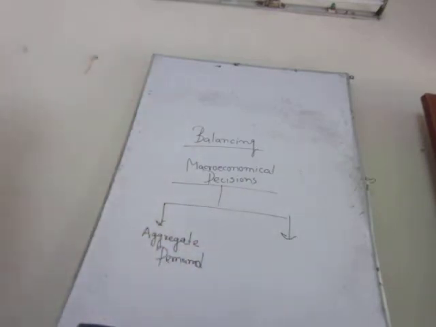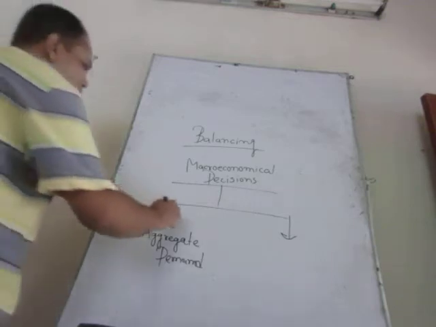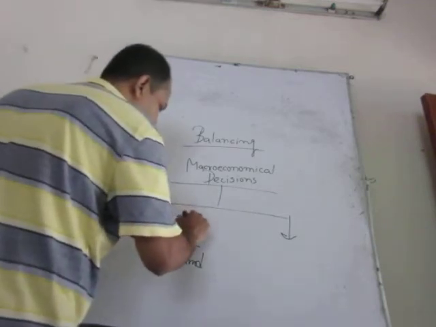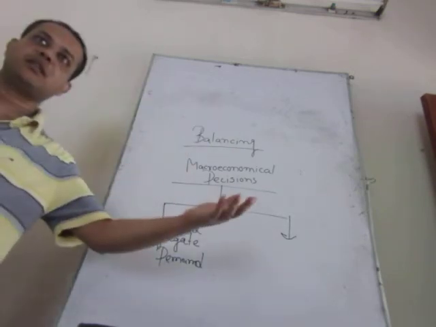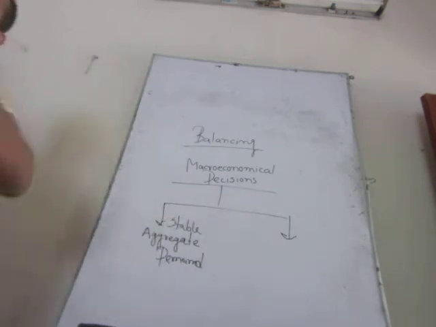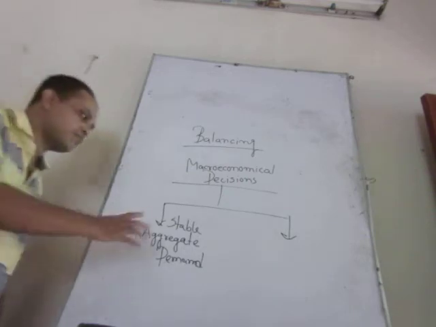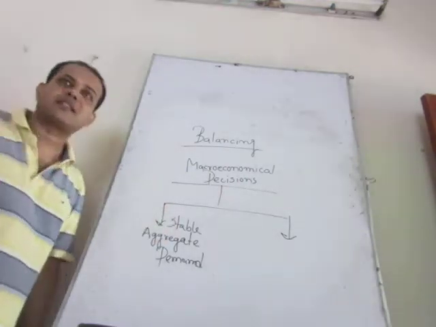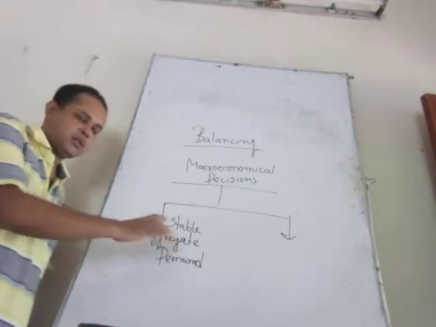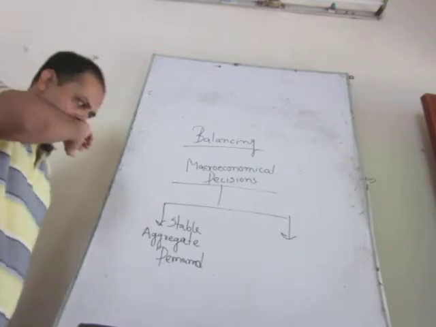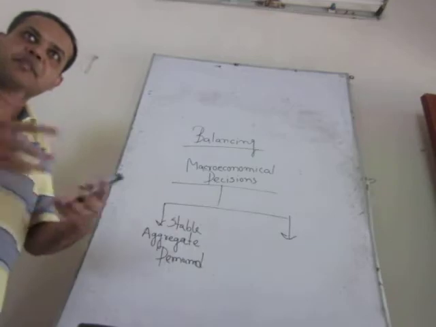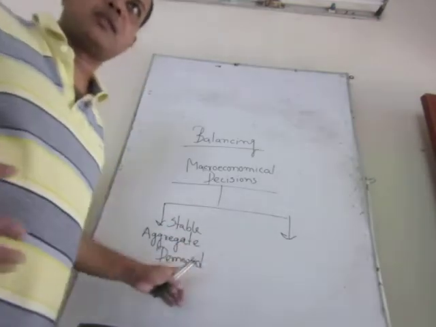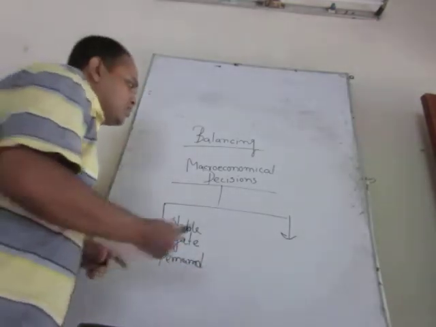And this aggregate demand should be stable. If there is huge demand, or if there is no demand, that is not stable demand. That means government has to maintain the situation such that there will be a stable amount of aggregate demand. Only then can business flourish and nourish. This is number one.